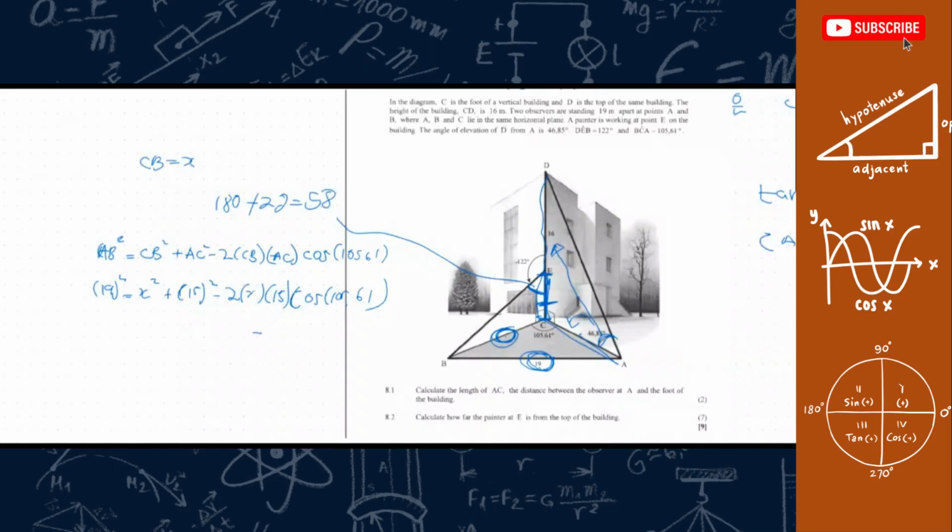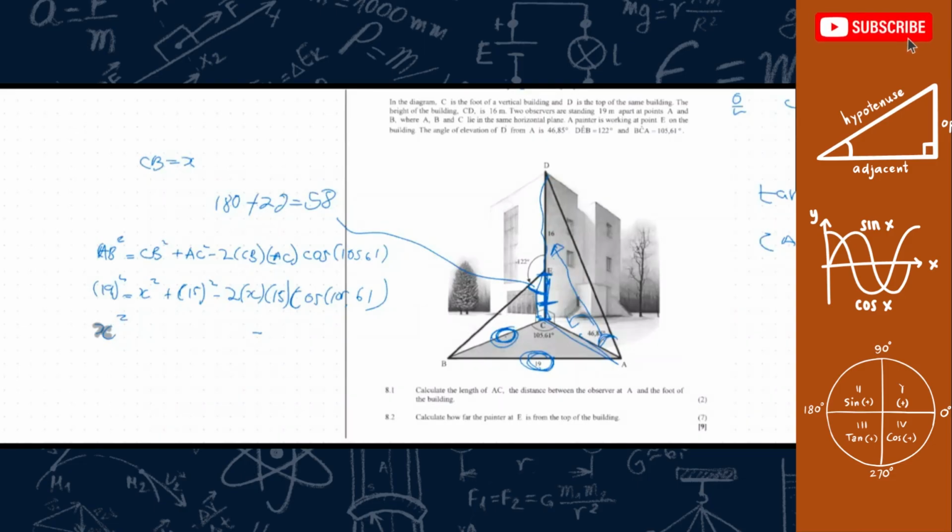Okay, and we're going to end up with a quadratic equation here. So just to rewrite, we will have X squared plus 2 times 15 times cos of 105.61. I don't like the number, I wish it was more of a fraction, but it's not, so we'll just have to take it as it is.